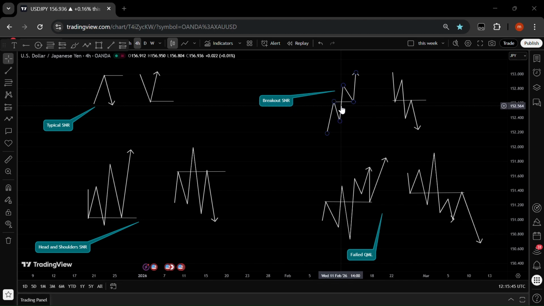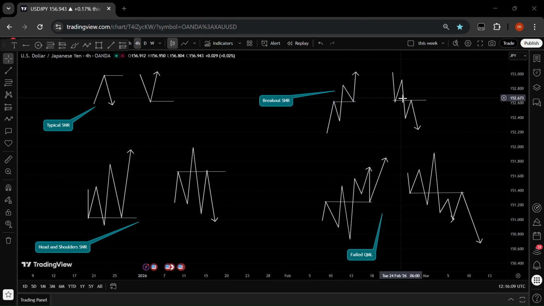As you can see, it got fully broken with a body impulsively. This zone becomes disrespected, and disrespected key levels always have a tendency of being used again. All disrespected key levels can always be used again, right? No matter how many times it gets disrespected, the more it gets disrespected, the more the possibility of it being used again. So here is where we saw price react from next.